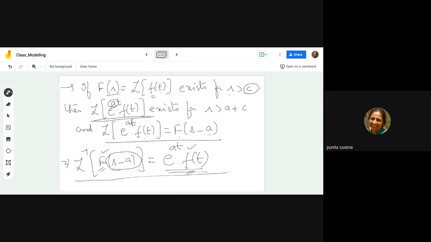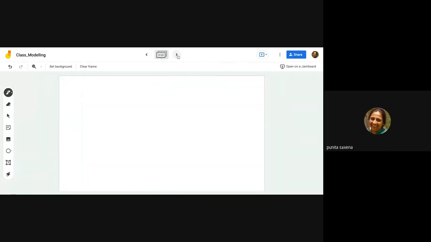See, we can use it somewhere. For example, okay, let's see the first result that we have. What is the Laplace transform of t to the power n?